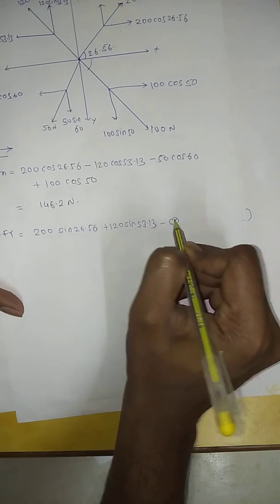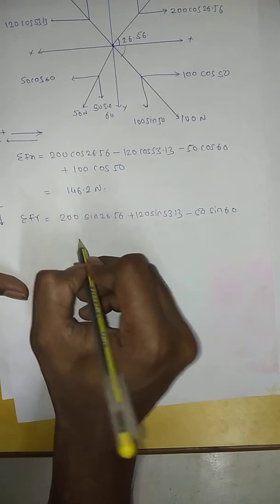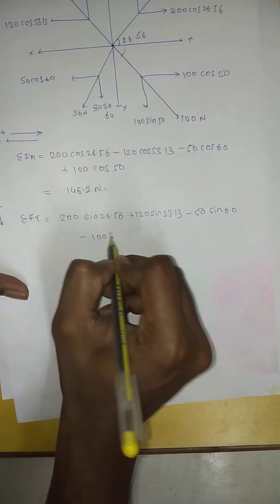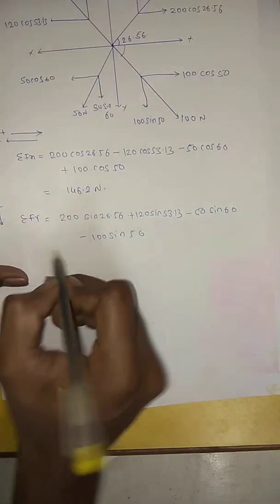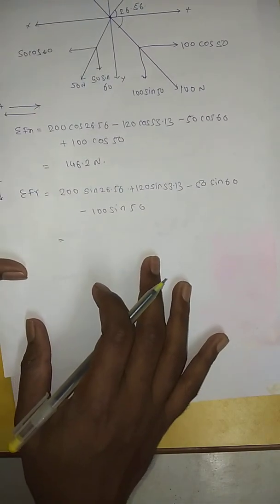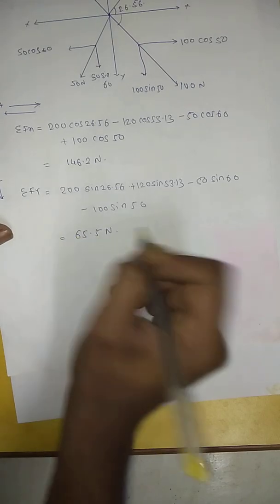This is in downward direction, hence minus 50 sine 60. This is again minus 100 sine 50. Okay, so if you calculate, this answer will come out to be 65.5 Newton.